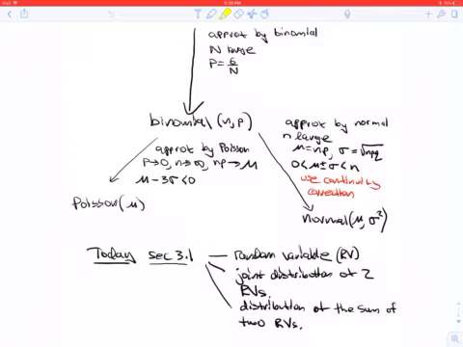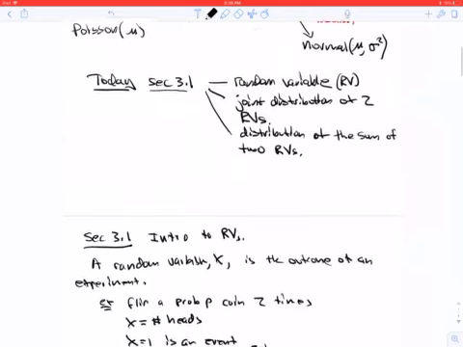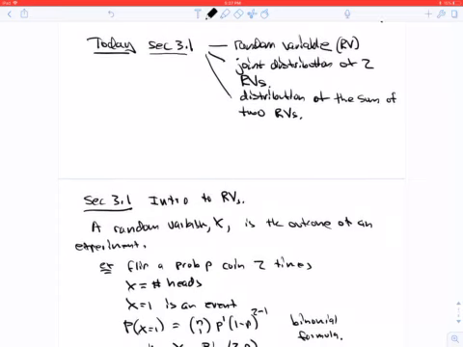And here, mu plus or minus 3 sigma is between 0 and n. When we're approximating a discrete distribution, such as the binomial, by a continuous distribution, such as the normal, we need a continuity correction.